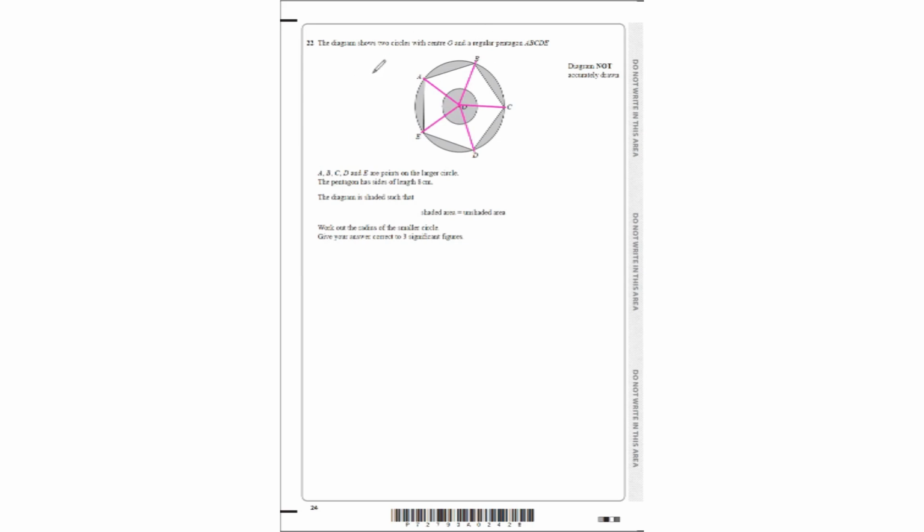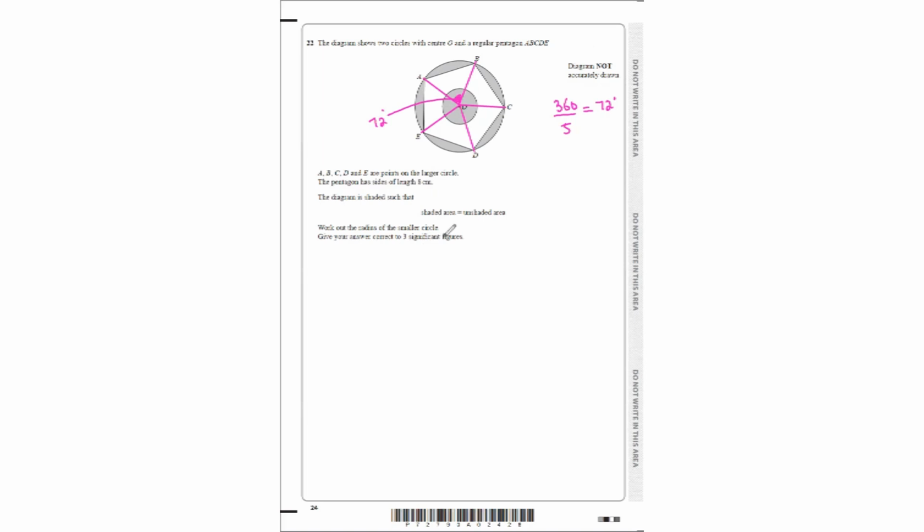And all of these triangles will have the same angle. To find that angle, we will do 360 divided by 5, which gives us 72 degrees. So now if the angles are the same and the lengths on the boundary of the pentagon are also the same, which means we have 5 identical triangles.